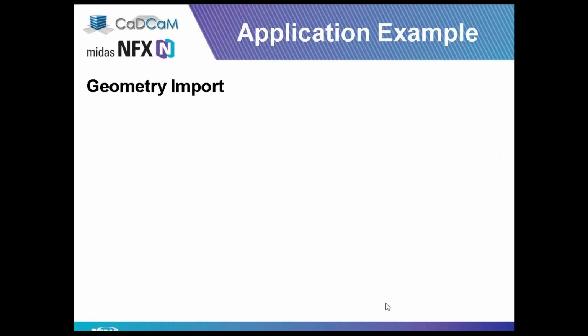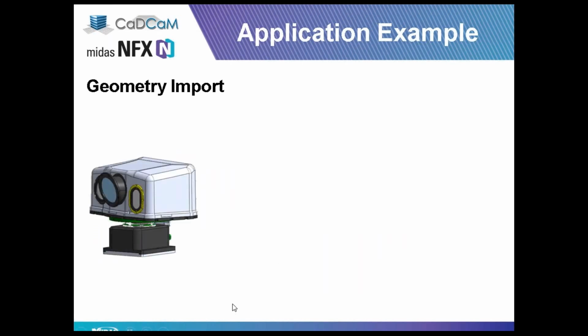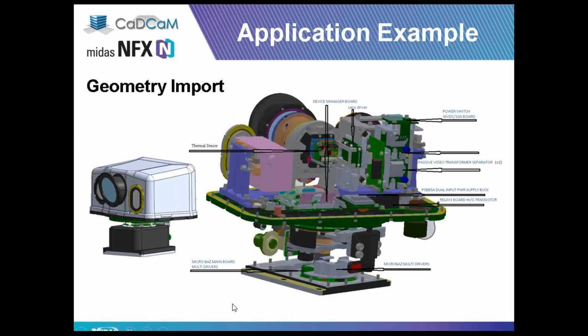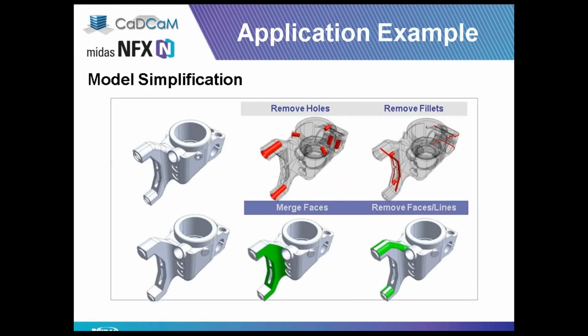So the import of the geometry includes the import of the external shape, as well as the import of all the internal parts which are included inside the system. After importing the geometry, we have to do some activities in order to simplify the model and in order to achieve a very high quality mesh.